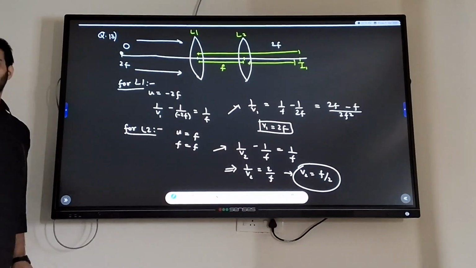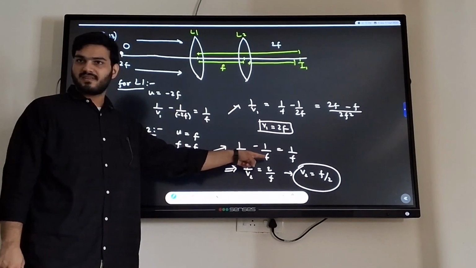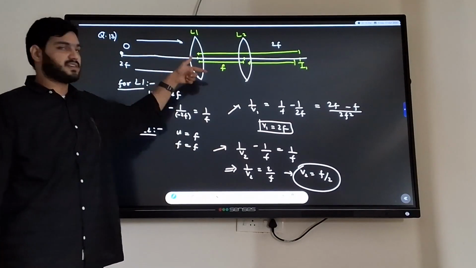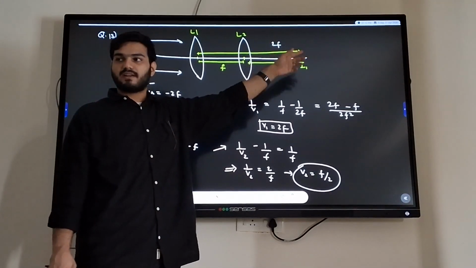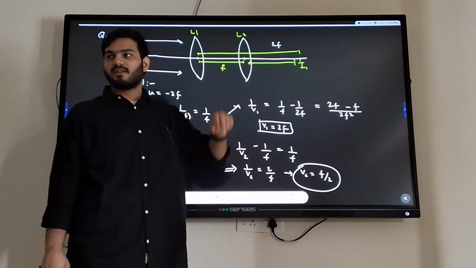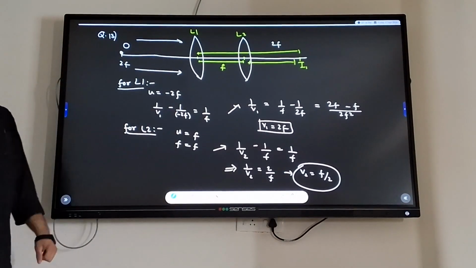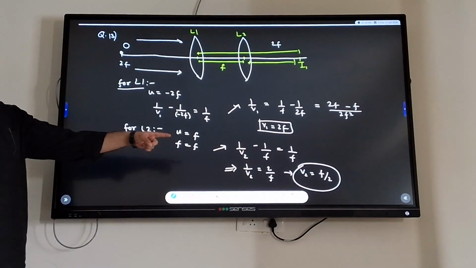I know why you are getting infinity and those things, because you are taking minus F. It is not minus F, it will be plus F, because the light ray direction is here. If it were a real object, then you would apply convention changing. You can't reverse the convention right now, because that is a virtual object. Virtual objects do not actually emit rays. Do you get it? V2 equal to F by 2.